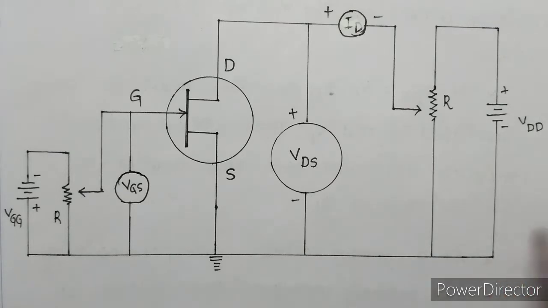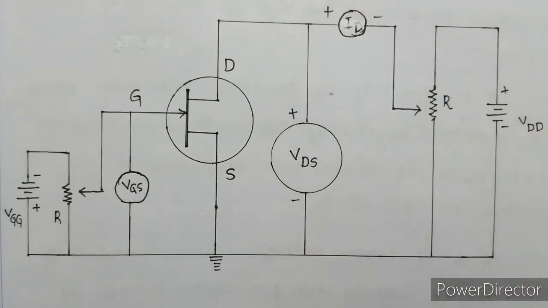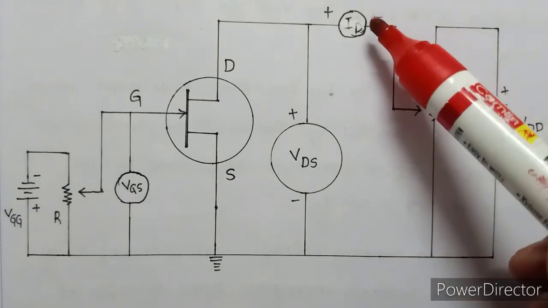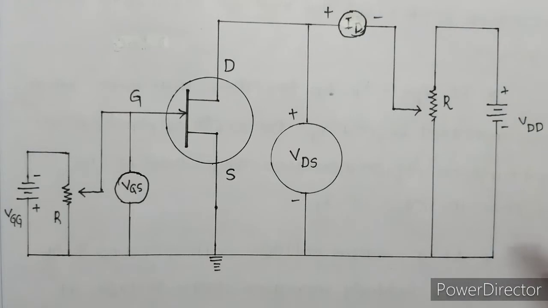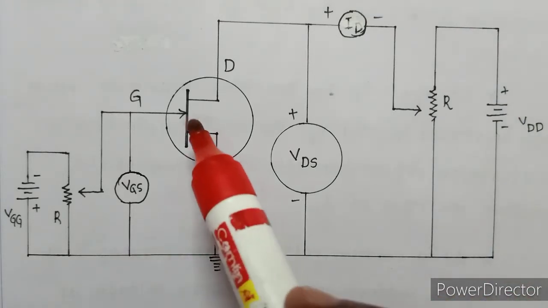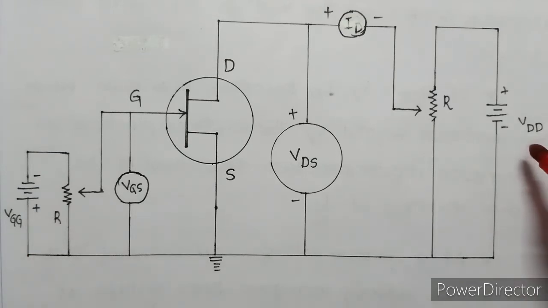This is the battery for source to drain current. So this current is the drain current. Next, this gate source is connected to another battery. This battery is denoted by VGG, this battery is denoted by VDD.